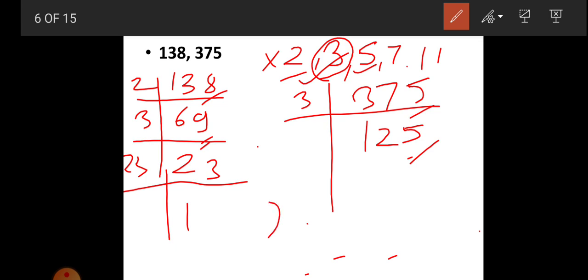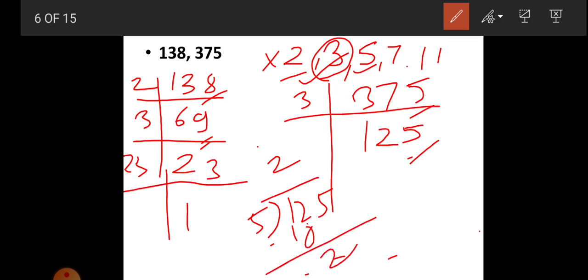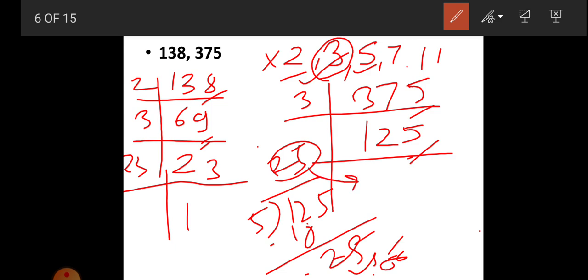So we divide 125 by 5. 5 twos are 10. 25. 5 fives are 25. 0. So this 25 we write here, right hand side here.